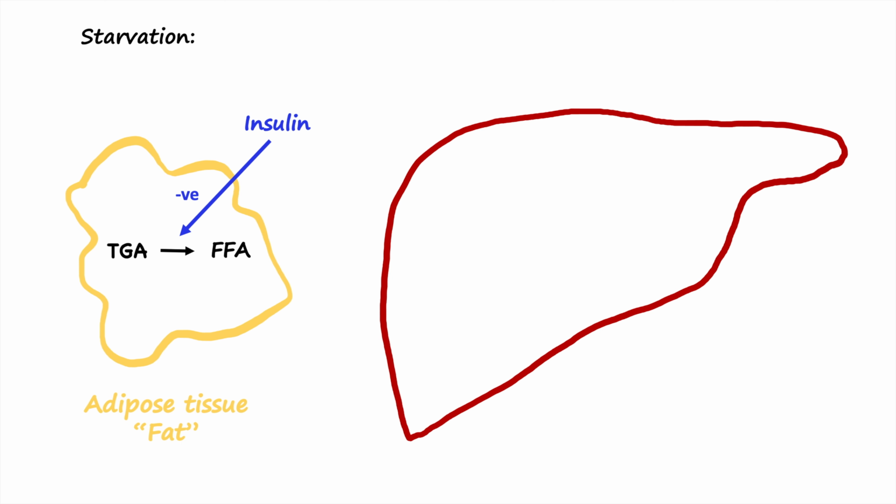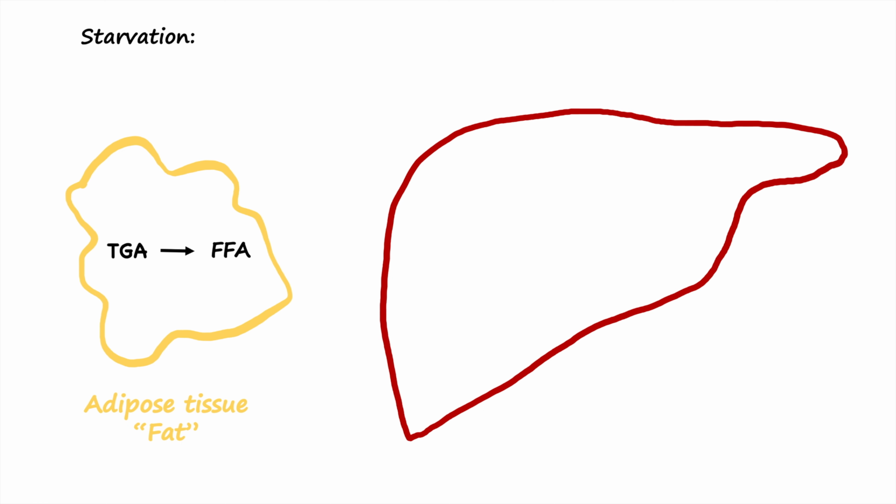In starvation, the glucose will drop, and as a result, the beta cells of the pancreas will not sense the glucose, so they will decrease the production of insulin. And because of that, lipolysis will be stimulated and you will have free fatty acids.